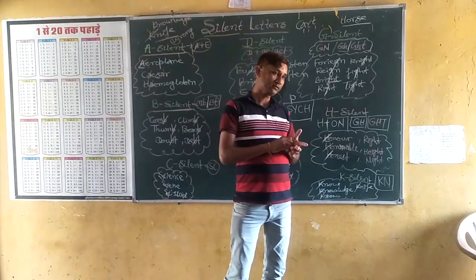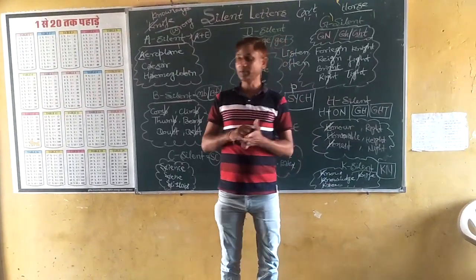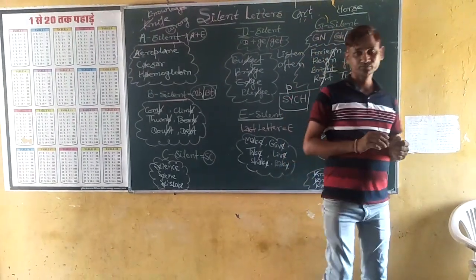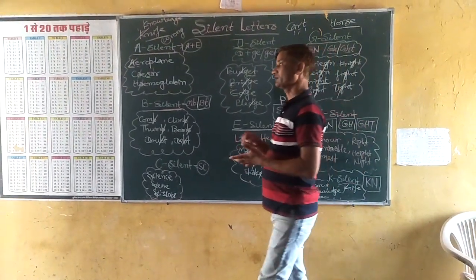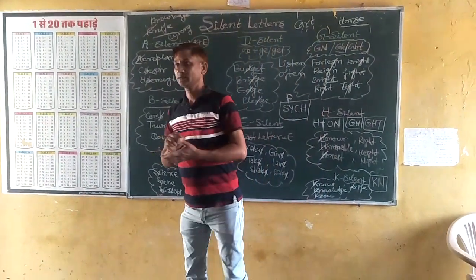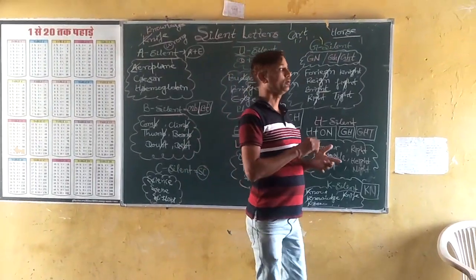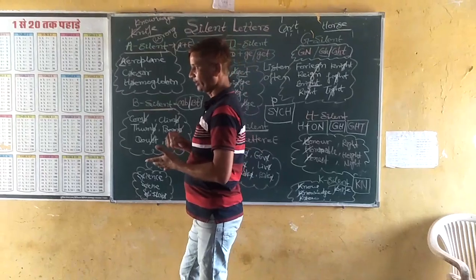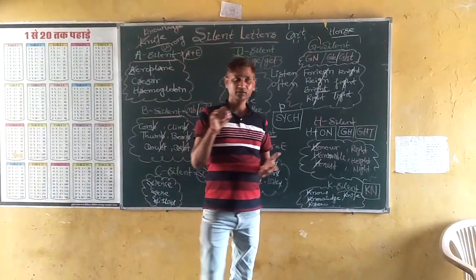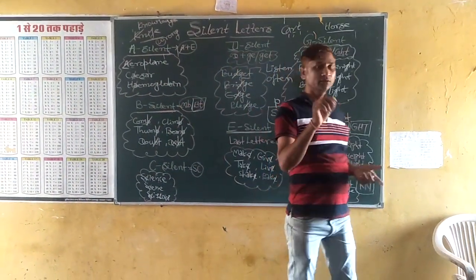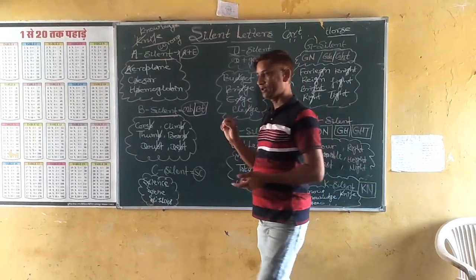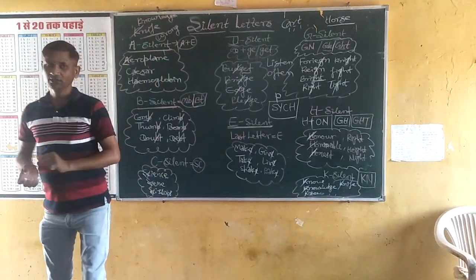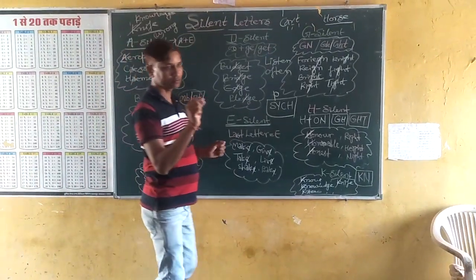And the next letter that may be silent, L silent. When you find letter L before M, F, K or D, letter L will be silent, as W-A-L-K, walk.